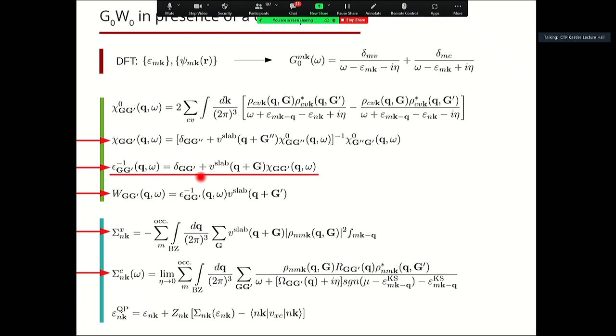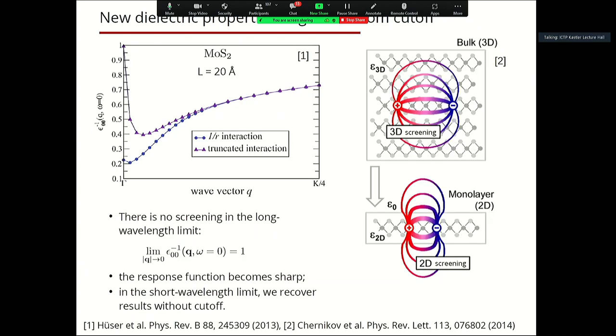We focus on the dielectric properties, thus on the inverse of the dielectric function. And here we can see for MoS2, for the case of 20 Angstrom of vacuum, the difference of the head of the dielectric function, thus the G, G prime equals 0 component, for the static dielectric function with respect to the momentum transfer, between the case of a truncated interaction and an untruncated interaction.